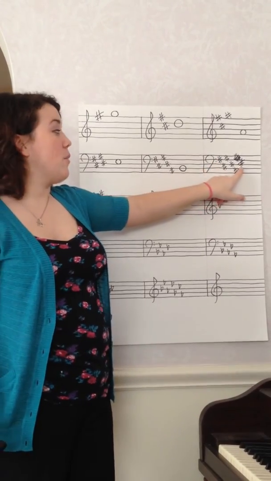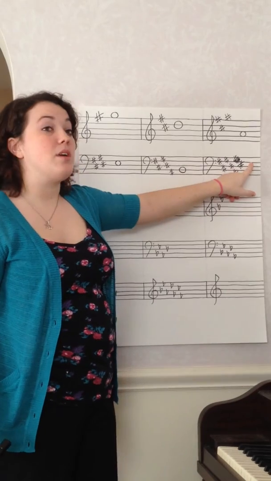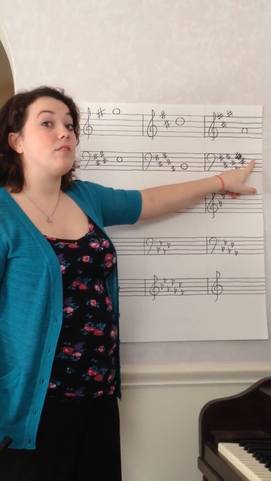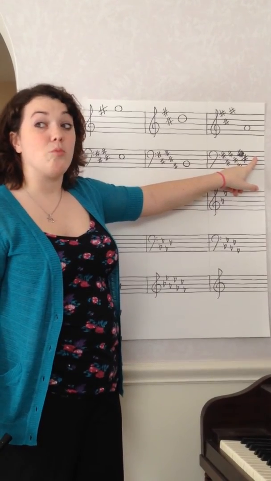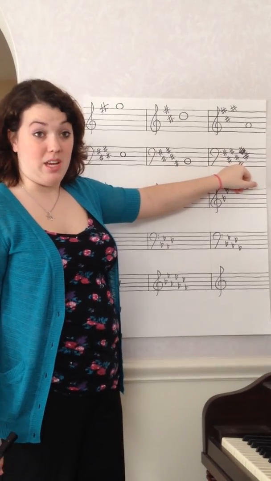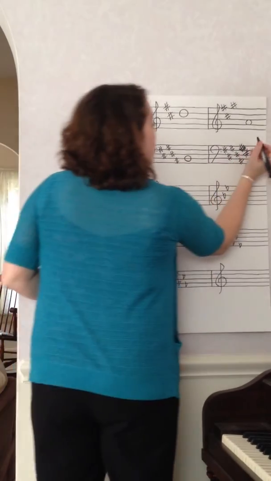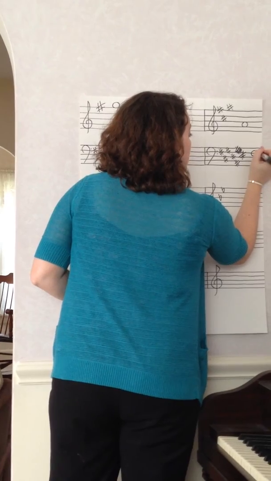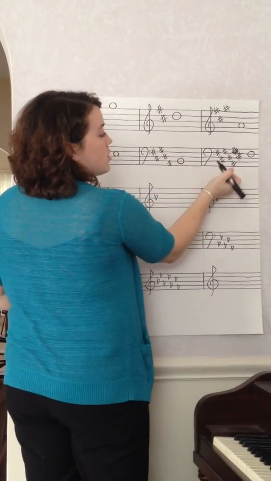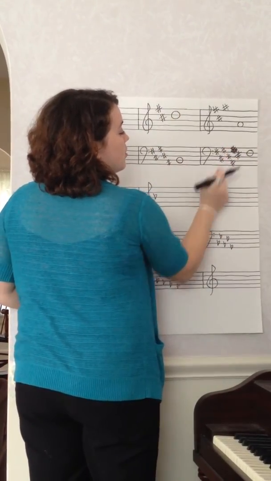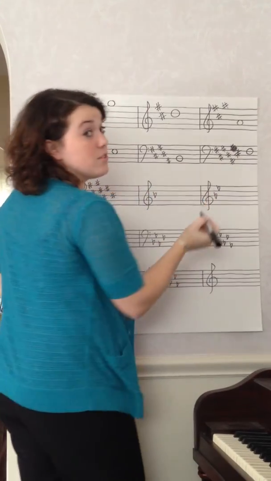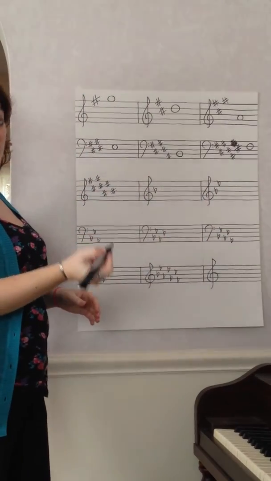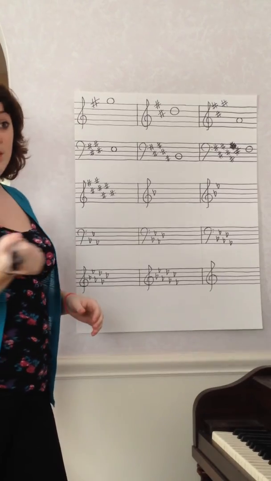So thinking that way, what should our key be? It is F, but in this case it would be F sharp major, okay? So this is our key signature, minus that little mistake there, for F sharp major, okay? Does that make sense to everybody?